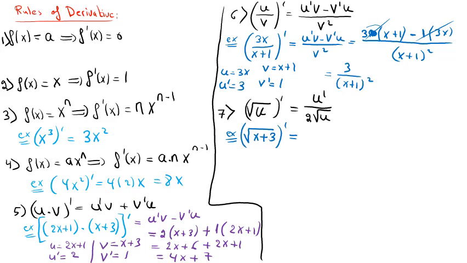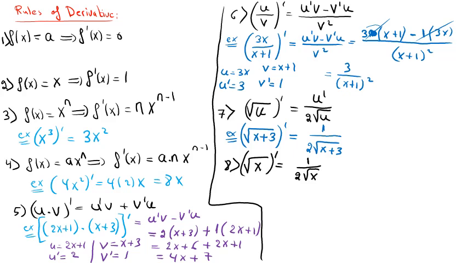The derivative of x plus 3 is 1. So we get 1 over 2 radical x plus 3, and we have a special case which is radical x. The derivative of x is 1, so the answer is 1 over 2 radical x.